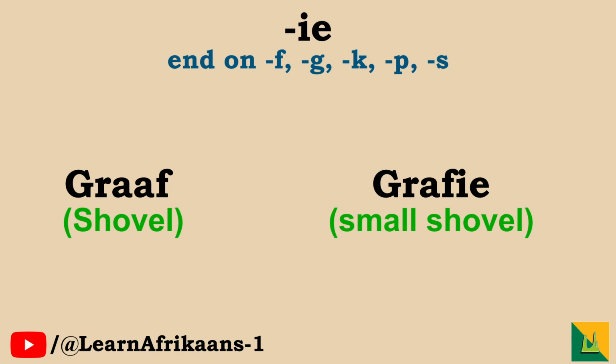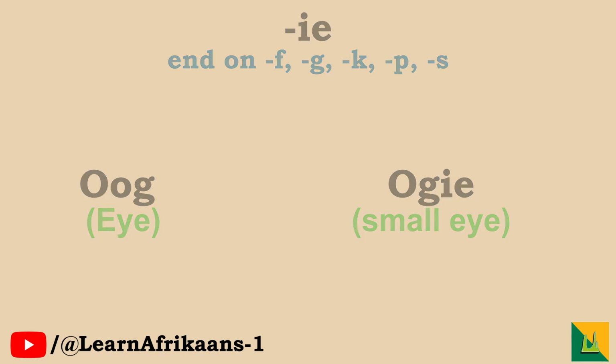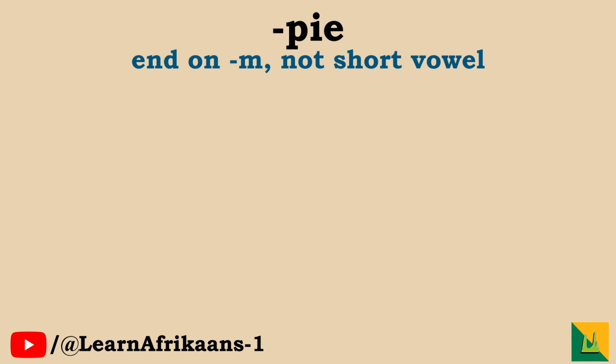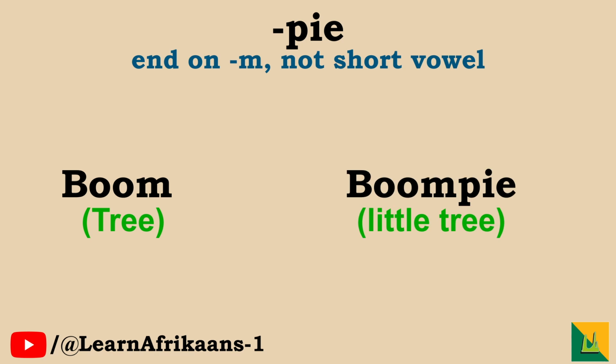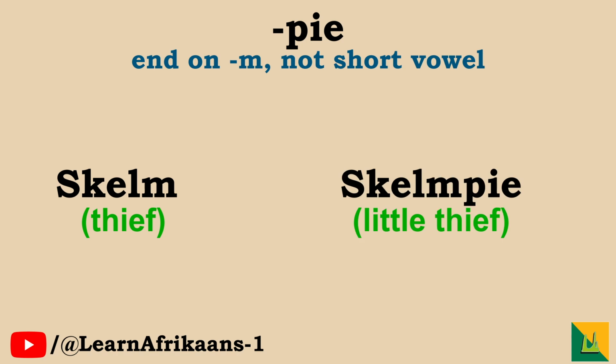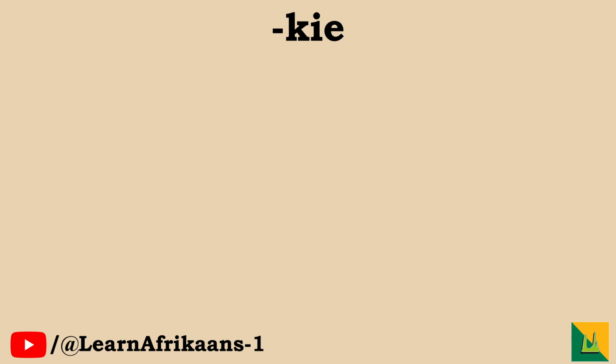Oog, oogie. pie is for any word ending on an M, except for one with a short vowel. Boom, boompie. Schelm, schelmpie.